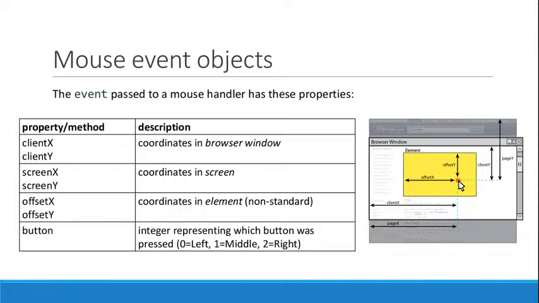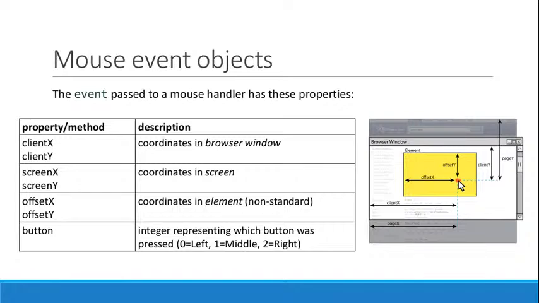In this browser window you can see the clientX and clientY offsets, which are the coordinates in the browser window, and then you have screenX and screenY, which are the coordinates in the screen. Then you have offsetX and offsetY, which are the coordinates in the element.